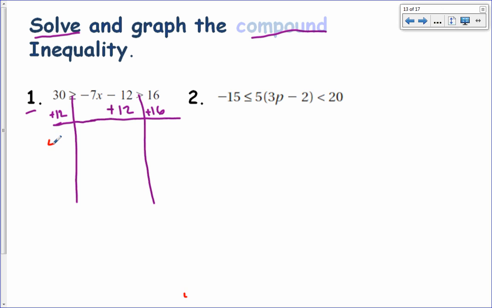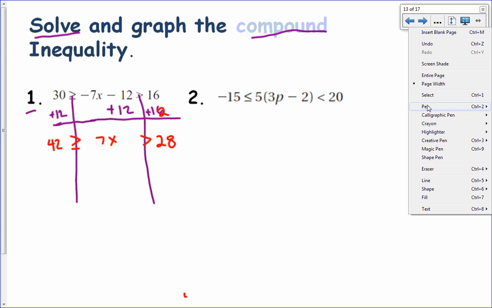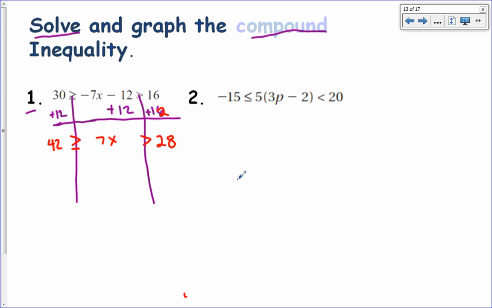Now I've got 42 is greater than or equal to 7x is greater than, I'm sorry, that should be a 2. It's greater than 2.